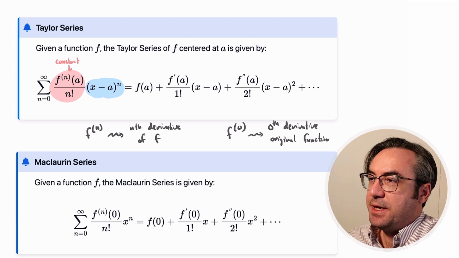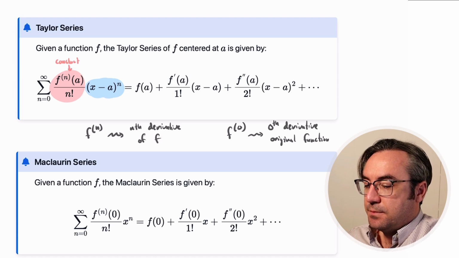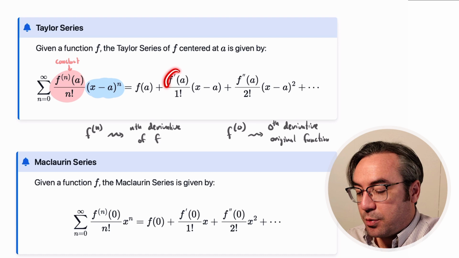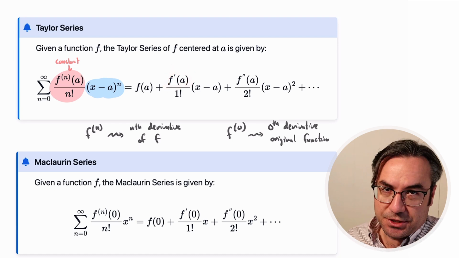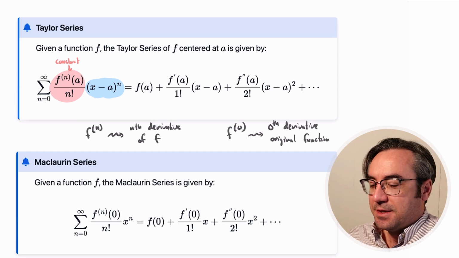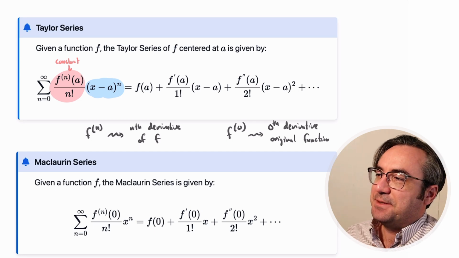So this ends up just being a number. f of a, when we evaluate, should just be a number. f prime of a should just be a number. f double prime at a is a number. So we'll keep that in mind.